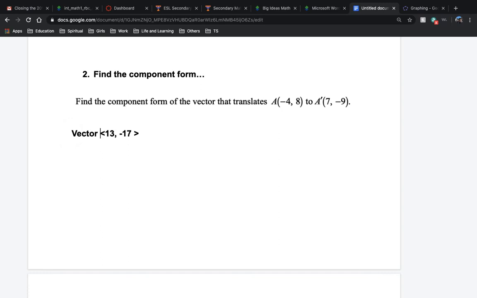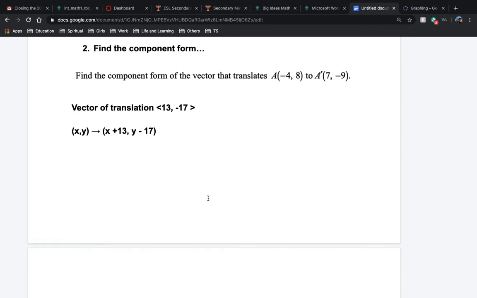This is the vector of translation acting here, okay? Because the pre-image A went 13 units to the right and 17 units down, and this is its image. So that's what happened. If I want to write it as the form of a rule, you can say that x, y goes this way. So x 13 units to the right and y 17 units down. These are the two ways we are going to be working with.